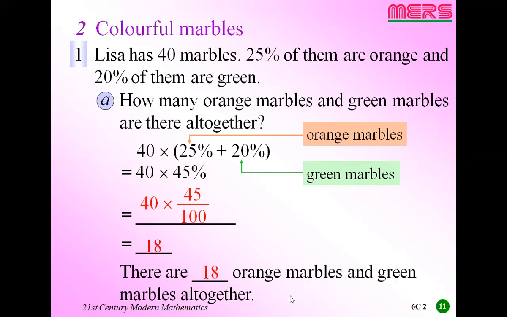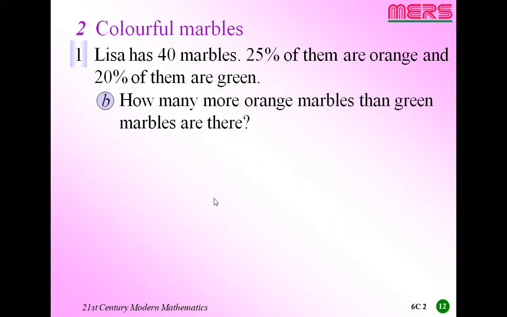And then for part B, this time they are comparing the numbers, the differences of orange marbles and green marbles. So how can we do it? It's easy, just the same thing. You use the total number of marbles times the percentage difference. Okay? So how can we find the difference between two things? We use what?